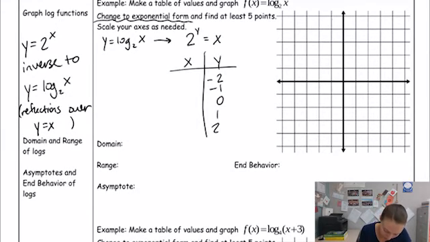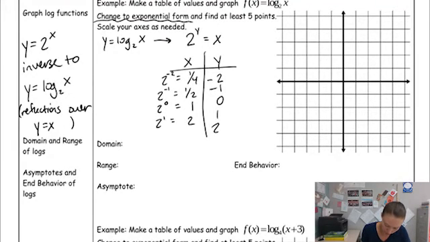So 2 to the -2 power is 1/4. 2 to the -1 is 1/2. 2 to the 0 is 1. 2 to the 1 is 2, and 2 squared is 4. Now, when I graph these points, be really careful. Don't mix them back up. So x is 1/4, y is -2.